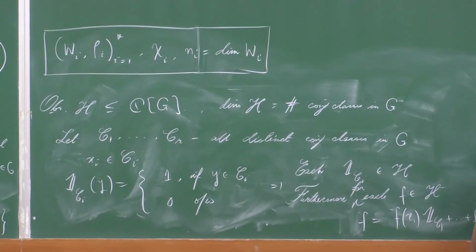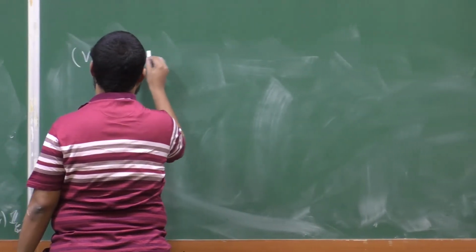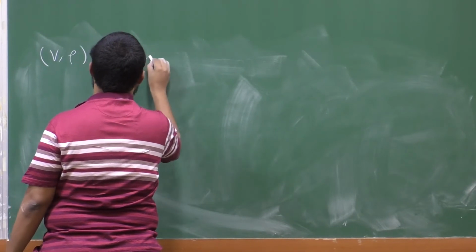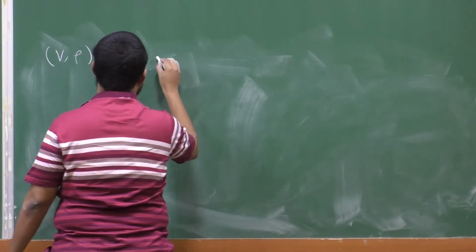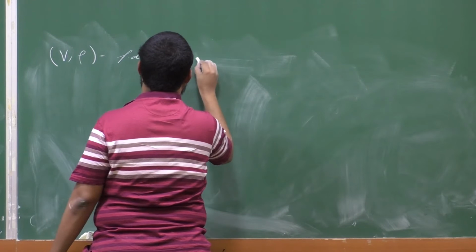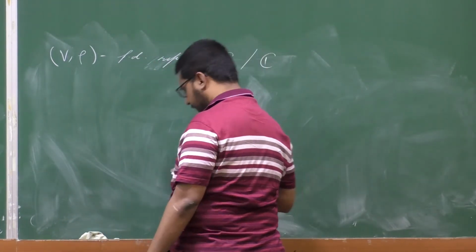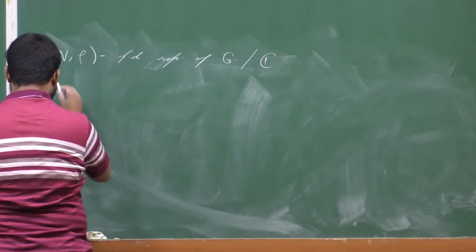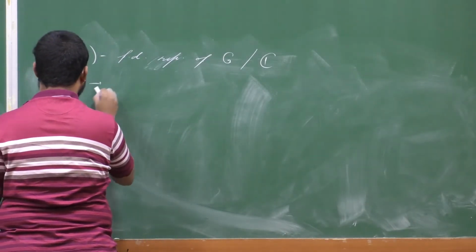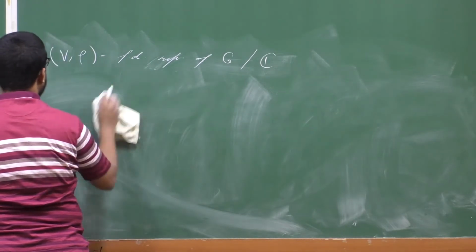So let V be a finite dimensional representation of G. These are complex representations, and let f from G to C be a class function.